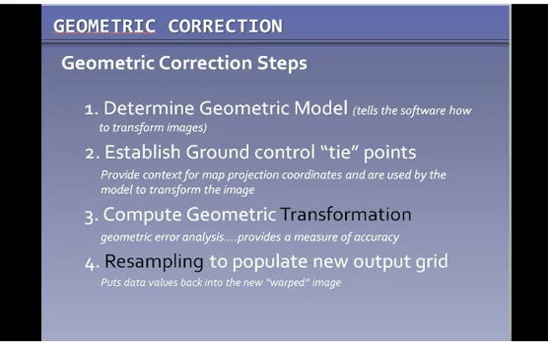Maybe a data value from one original pixel goes into that. But in a valley, we knew that it was actually covering a much larger area. So maybe we put the same reflectance information into 2 pixels down there. So in other words, the resampling is really just figuring out how we're going to assign data values to each of these newly warped pixels.